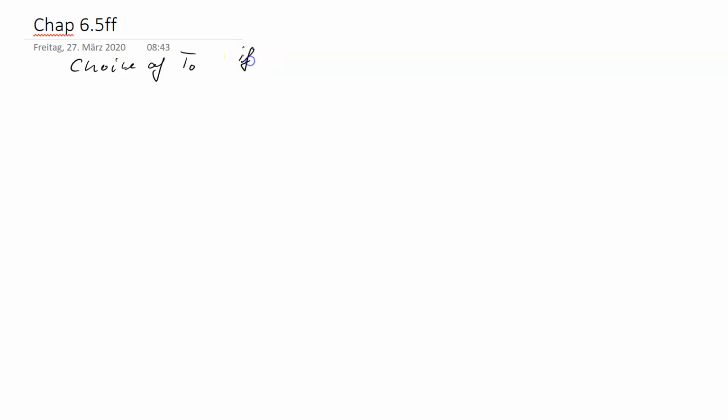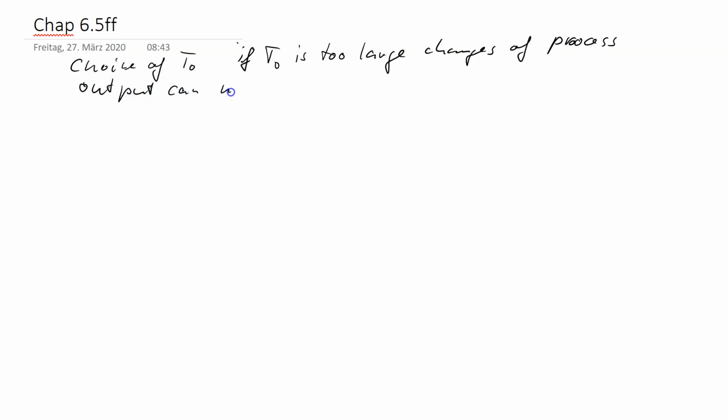If sampling time is too large, changes of process output cannot be detected.